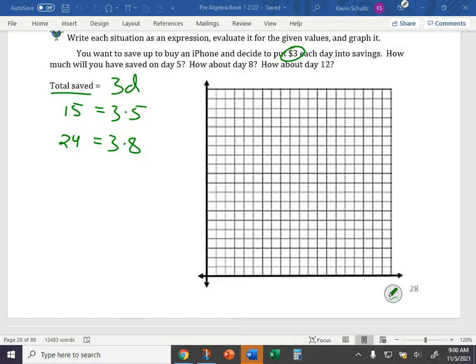We'll have saved a total of $24 on day 8. Then Cade says, I'm just going to plug in 12 and multiply 3 by 12 and save a total of 36. So essentially what we're doing here is similar to what we did up at the top, where I gave you an expression, or this time we wrote it, 3D, and we're plugging in different values for that variable to get a new total.